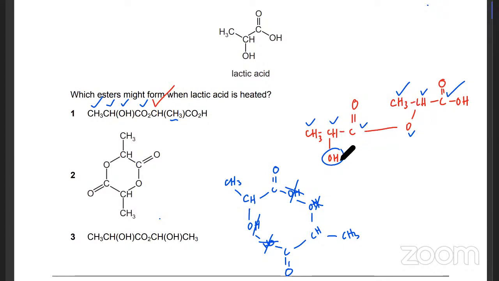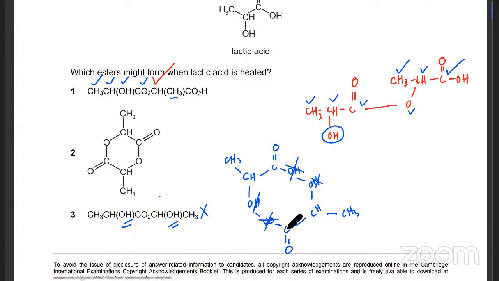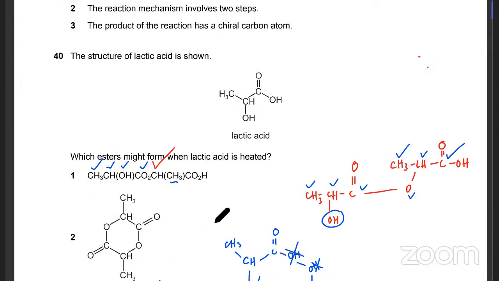So what is left is 1 OH and 1 carboxylic acid. So you can't have 2 OH groups left at the end, because the alcohol of one molecule will react with the carboxylic acid of the other. That will leave you with 1 OH and 1 carboxylic acid. Even if you try forming this one, these are the only 2 possible products. So that one having 2 OH groups is not possible.